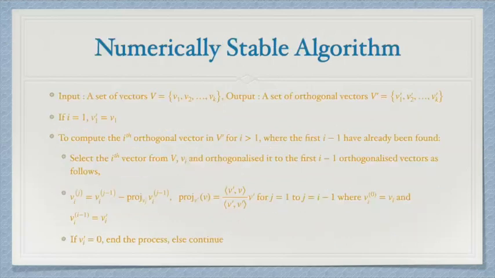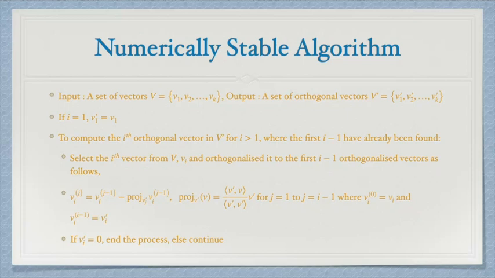So the numerically stable algorithm goes as follows. The first step is still the same as the original one, namely at i equal to 1, we choose the first vector in our set as the first orthogonal vector. Next, to compute the further orthogonal vectors, assuming the first i minus 1 have already been found, we select the ith vector from V and orthogonalize it to the first i minus 1 orthogonalized vectors successively as follows.